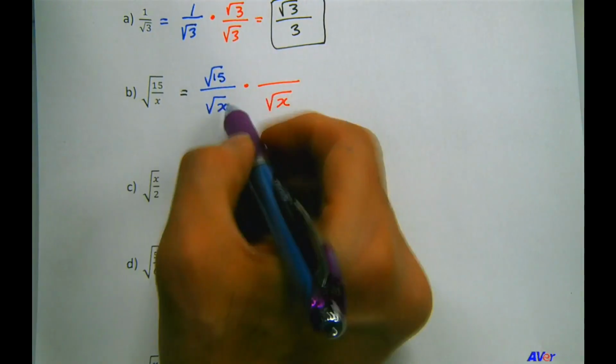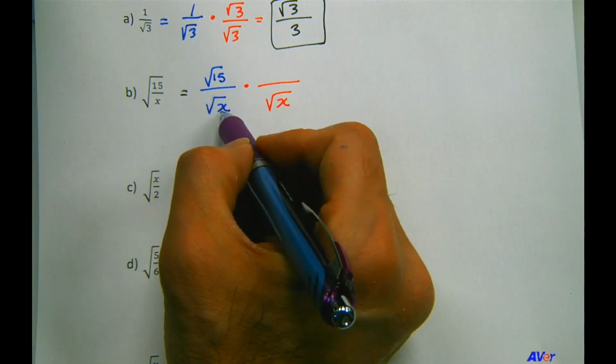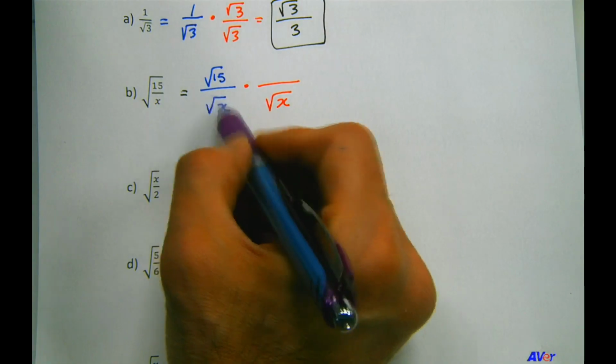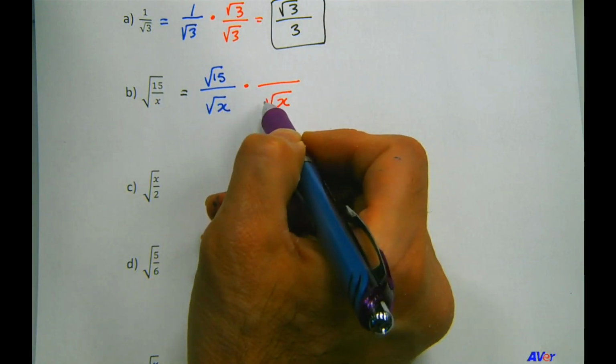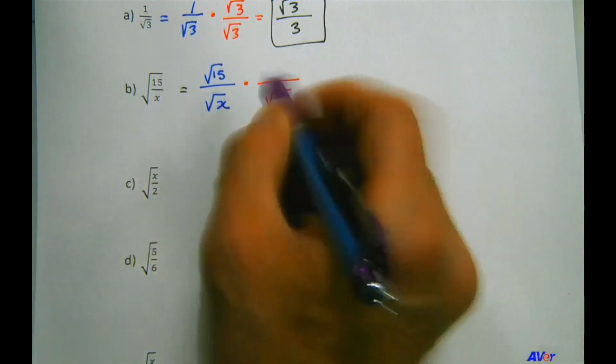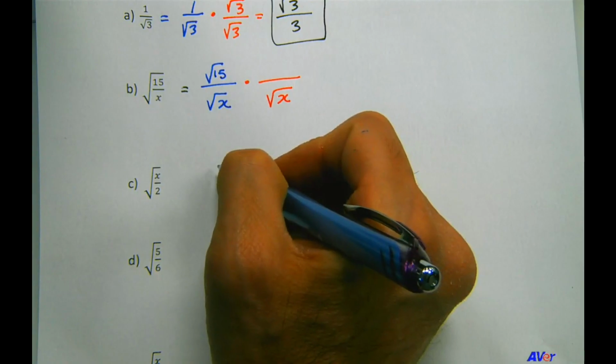Well, if you had third root of x, what would you multiply this by? You would have multiplied it by third root of x squared. Okay?